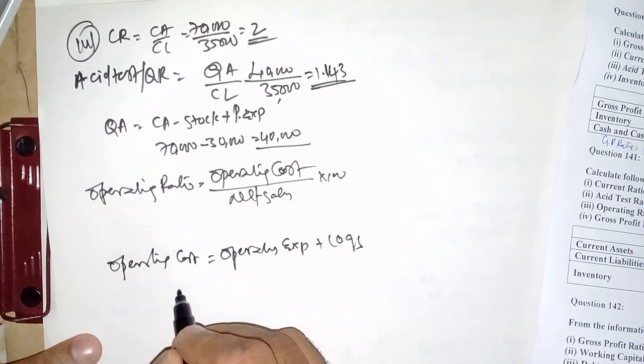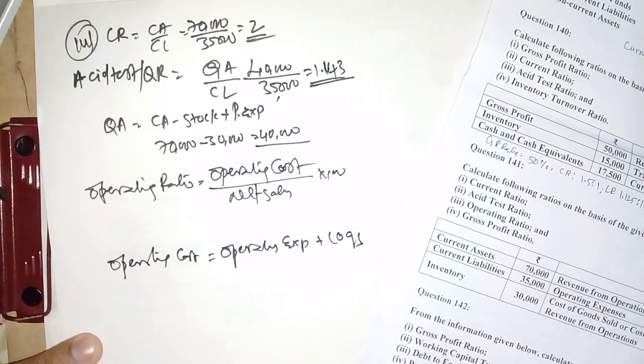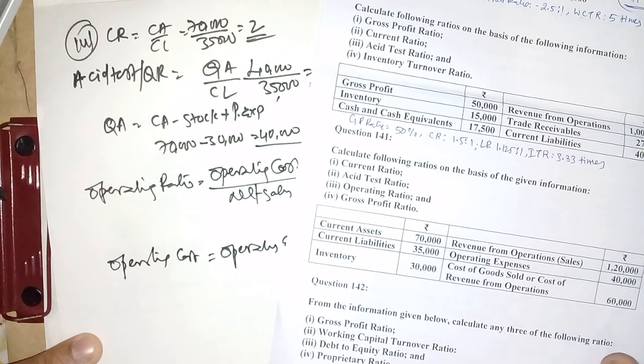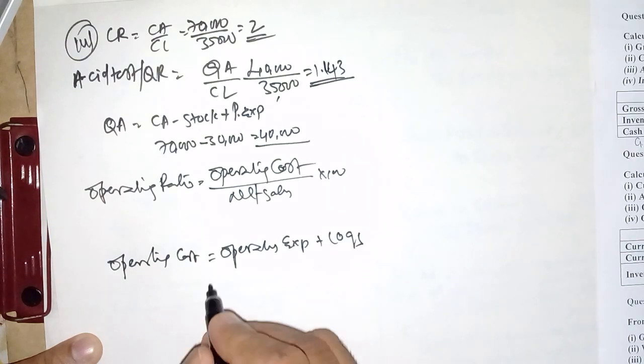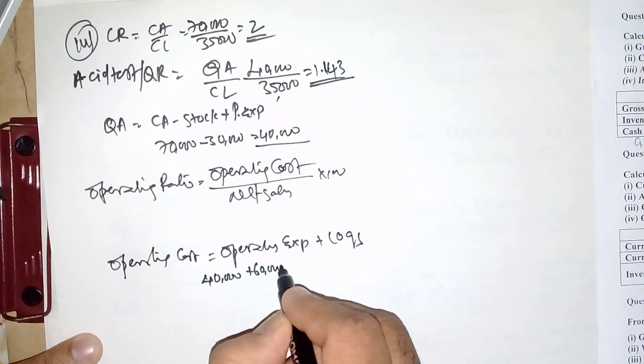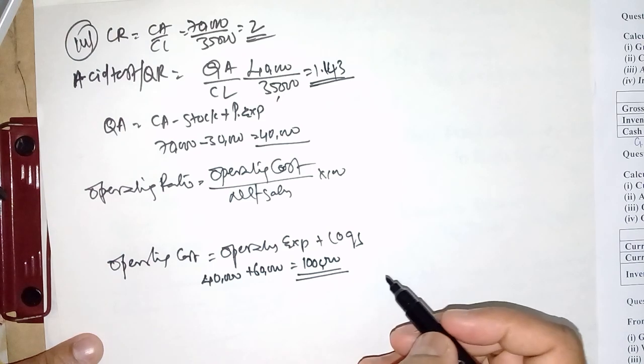Operating expenses is directly given in the question. In this question we have cost of goods sold 60,000 and operating expenses 40,000. Therefore 40 plus 60 is equal to 1 lakh, our operating cost.